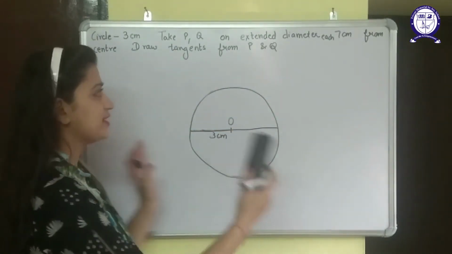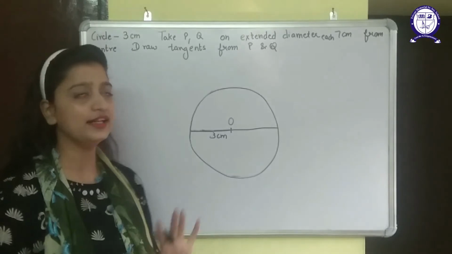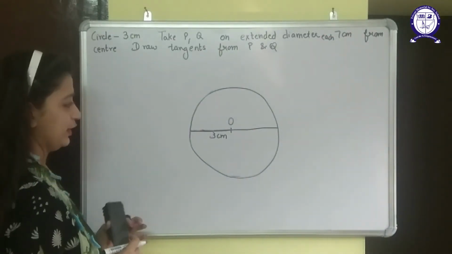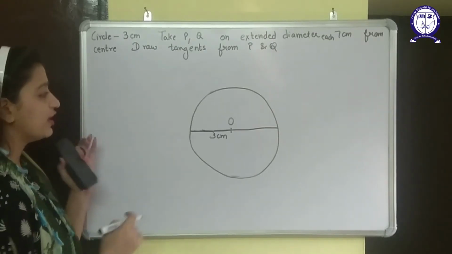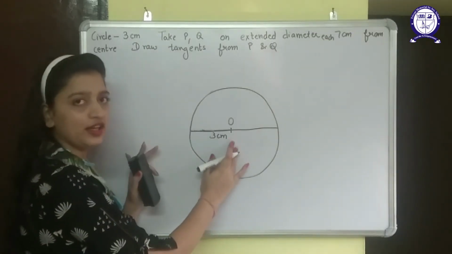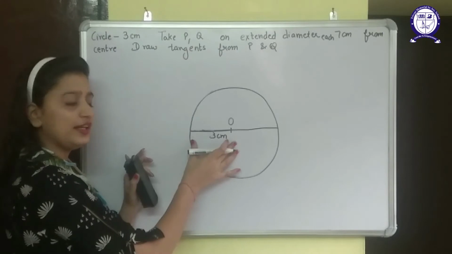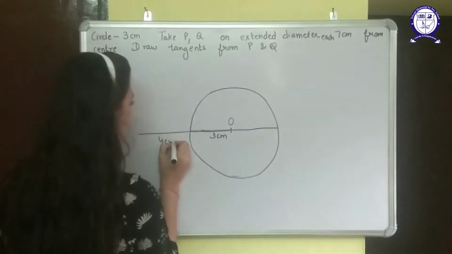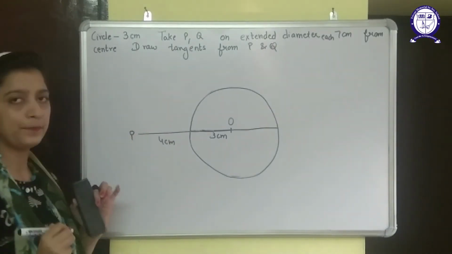I need to extend this diameter on both sides such that it is 7 cm away from the center. On one side it should be 7 cm away. So 3 cm are here, so I can add 4 cm more. And this point is P.